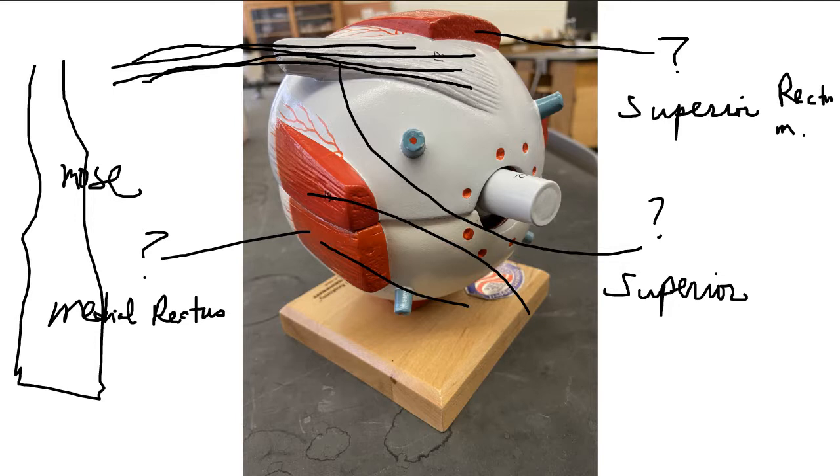So it's no longer rectus, it's oblique. Right. So you have two muscles above, the superior rectus and the superior oblique. The superior rectus goes backward to the back of the eye, whereas the superior oblique goes across toward the nose.